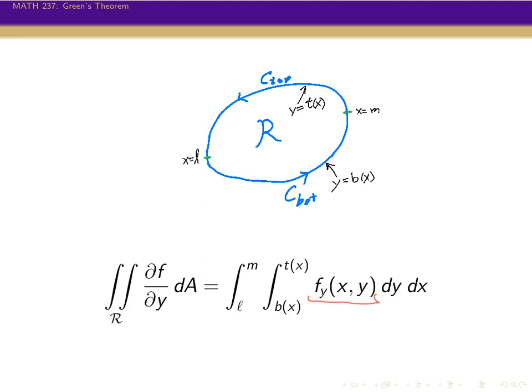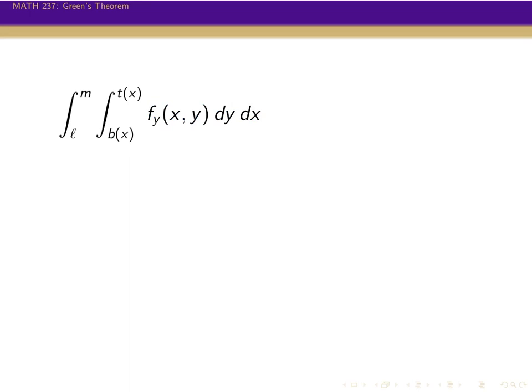So it's going to go from the partial of f just back to f, and our bounds here are from y equals b of x to t of x.